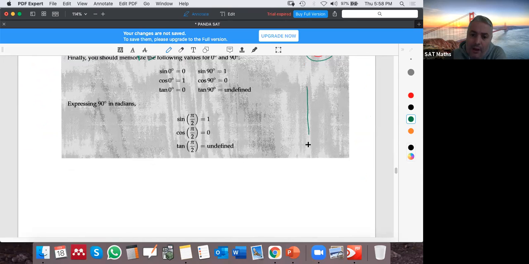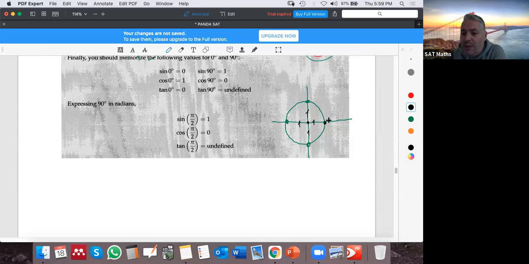And then, no need to memorize. I always draw a circle. It depends on you. So this is 0 degrees. This is 90 degrees. This is 180 degrees. This is 270 degrees. This is 360 degrees. If this is a unit circle, the radius is 1 and the center is at 0, 0.